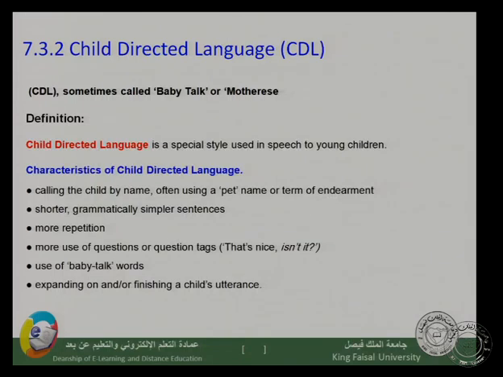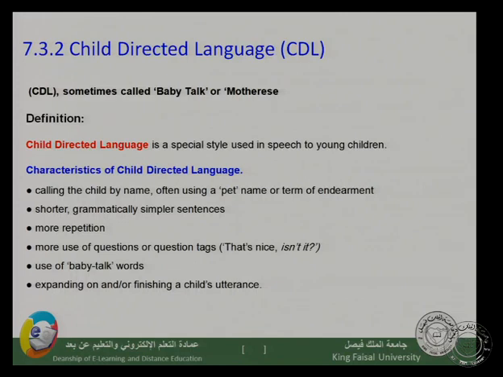You need to speak slowly, you need to emphasize words so that the child can understand, because his ability to process language is very different from yours. So this is what we mean by child-directed language, a special style used in speech to young children.